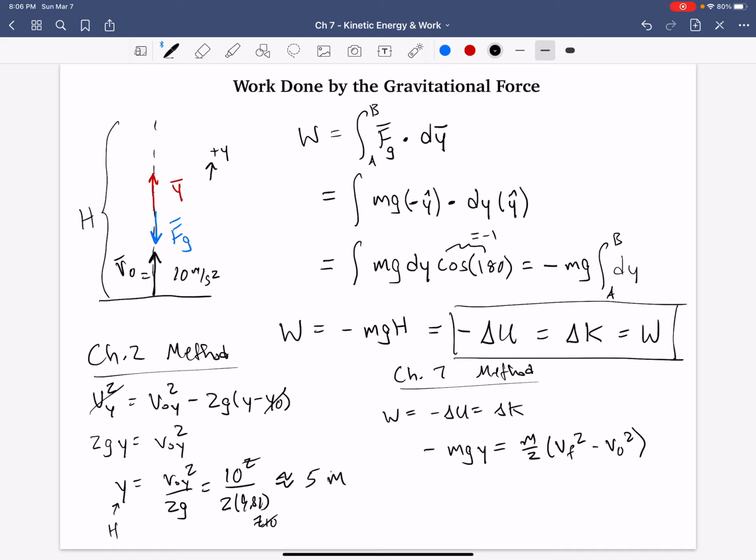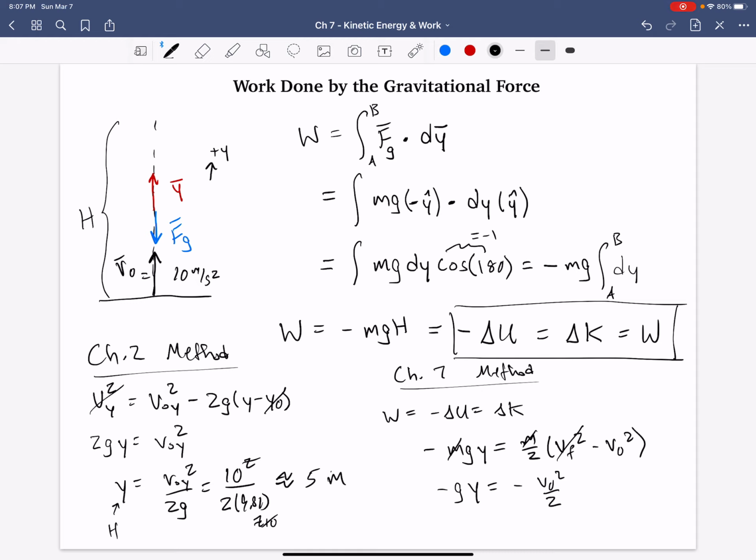First, can we cancel anything out? Well, masses go away. That's on both sides. And if it's going up to a stop at the maximum height, the final speed is 0. That goes away.